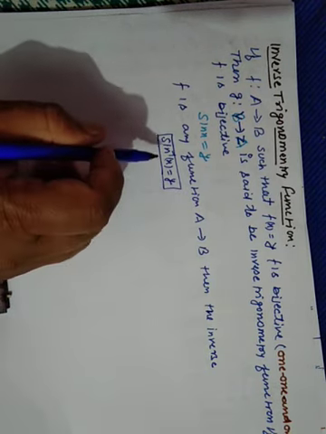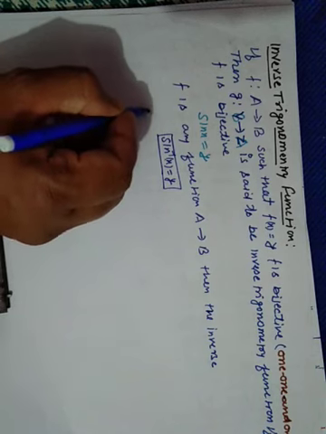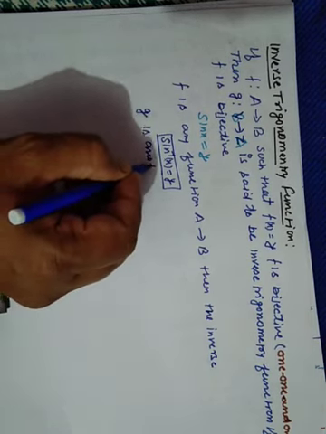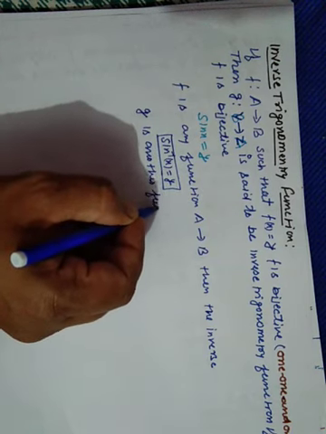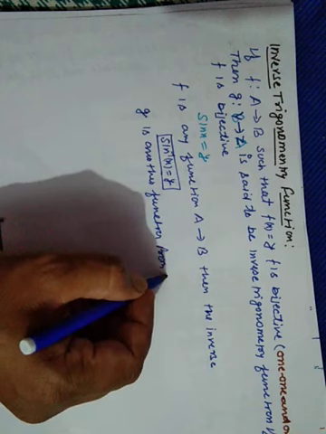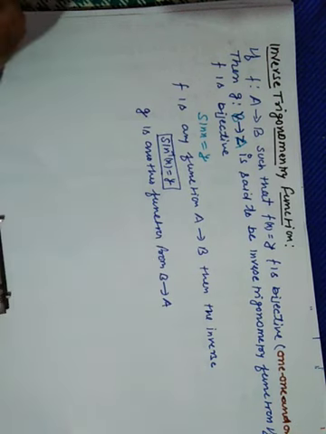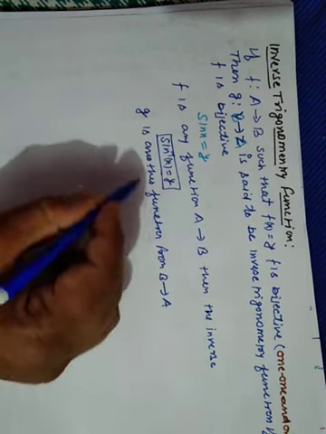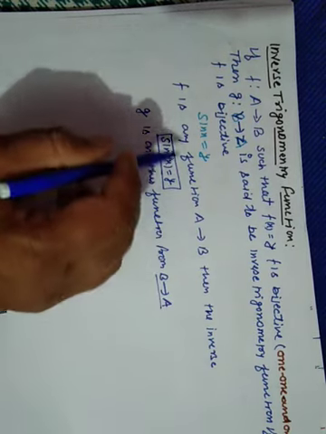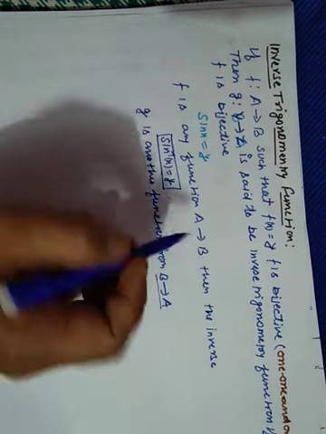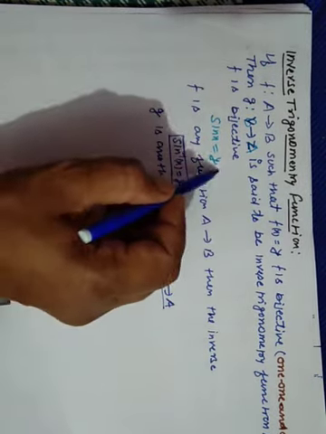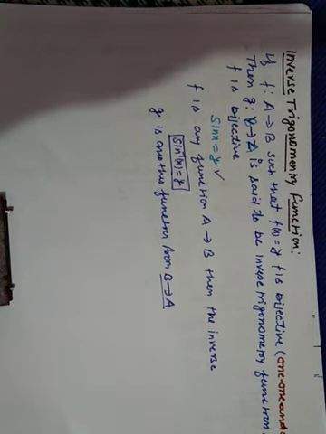Clear? So now in this case, g is another function from B to A if and only if f is one-one and onto. Clear? Now we'll see whether the sine function is one-one and onto or not.